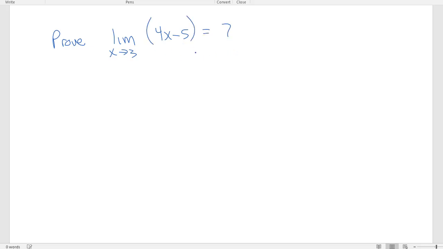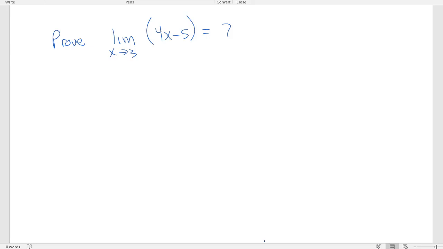Let me stress the limit we're looking at. Here's the function 4x minus 5, and we're letting x approach 3. We know by direct substitution that if I plug 3 in here, 4 times 3 is 12, 12 minus 5 is 7. The reason we can just plug 3 in is that this linear function is continuous at x equals 3 or near x equals 3.